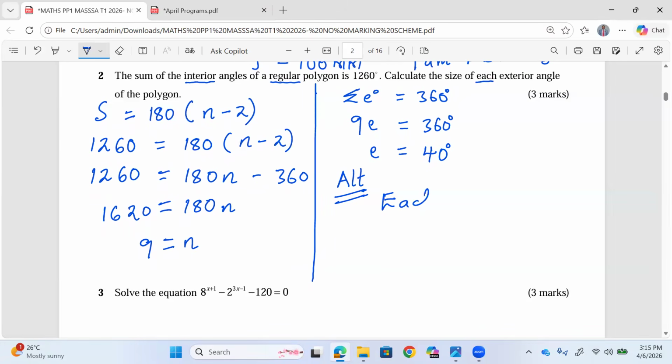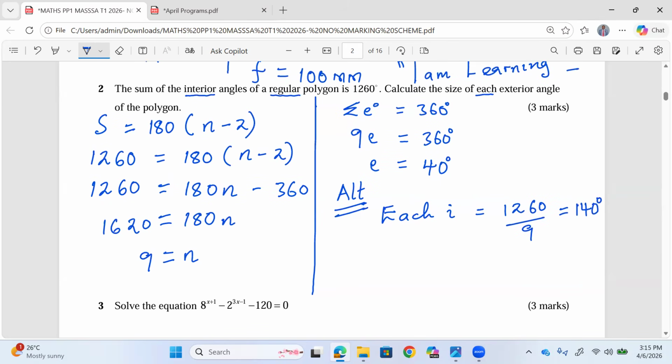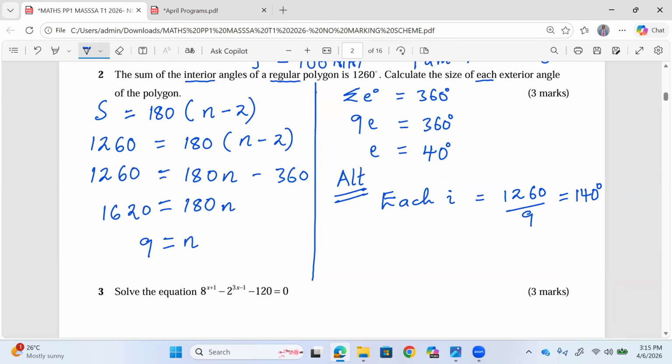Each interior angle shall be the total 1260, and there are 9 of them. So when you take 1260 and divide by 9 angles, you'll get 140. So in this particular regular polygon, each interior angle is 140.